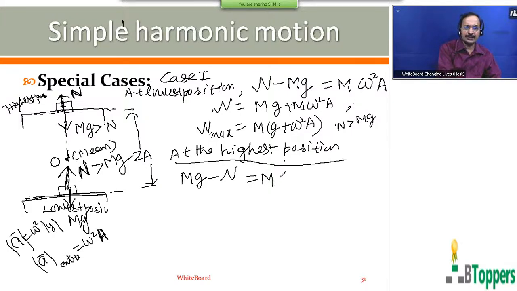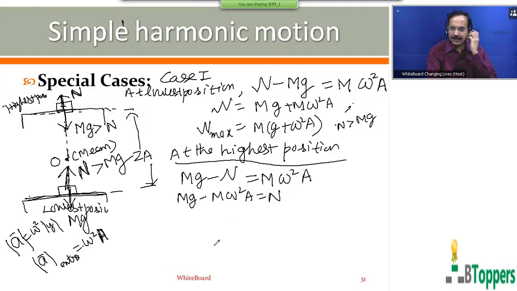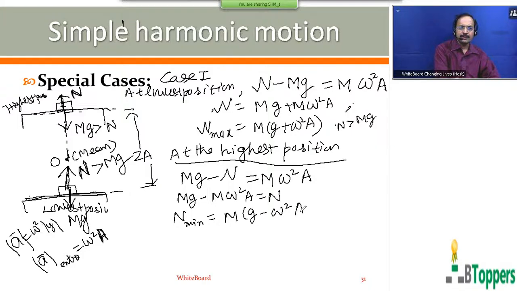The magnitude of the acceleration at each extreme position is equal to omega square A. So magnitude of the normal reaction at the highest position will be mg minus m omega square A. So magnitude of the normal reaction of the block by the surface of platform will be minimum at the highest position. So minimum magnitude of the normal reaction or minimum value of the apparent weight of the block resting on the platform can be written as m into g minus omega square A.